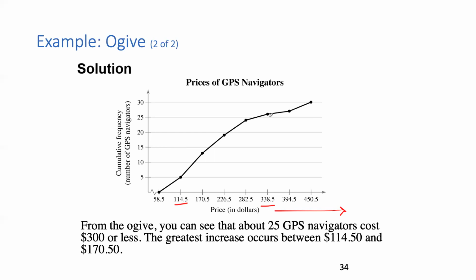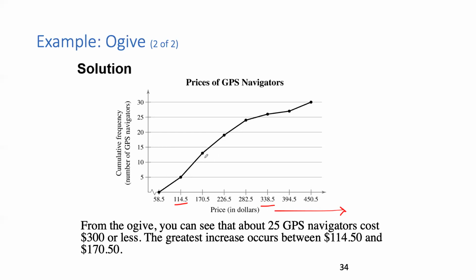The other thing to note here is the slope of this graph, right? The slope is basically telling me how sharp the rise is. If I look at this, this is a very sharp increase. This is a relatively less sharp increase. This is not as sharp, and then it's getting flatter and flatter, right?